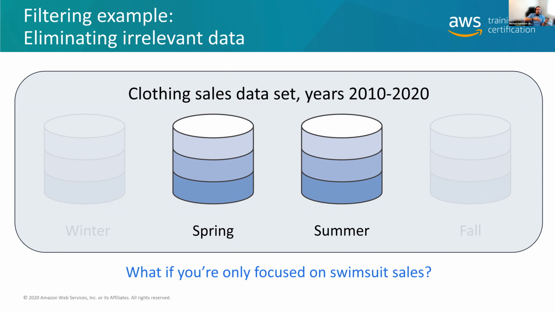February is still a little cold, so we might look at all the sales data from March all the way to September, because that's when peak season is going to be for swimming pools in Atlanta. October, November, December, January, February, we'll take those out. So all those rows will be dropped, not just the columns.